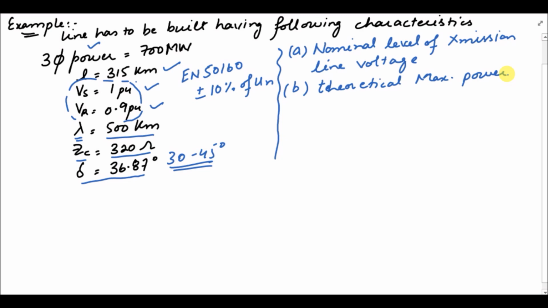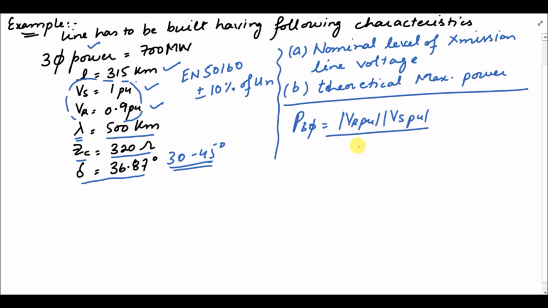So from the formula that we derived earlier, we know that P3 phase is equal to VR per unit into Vs per unit divided by sine beta L into sine delta into surge impedance loading. So I'm just writing it here because it will be used in the calculations.